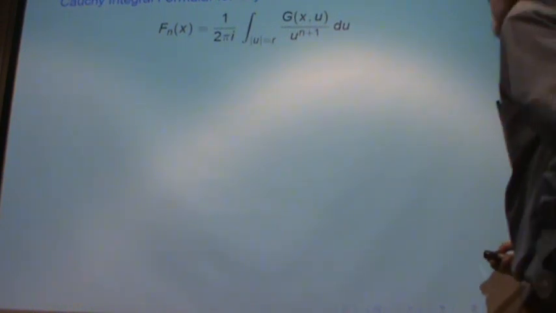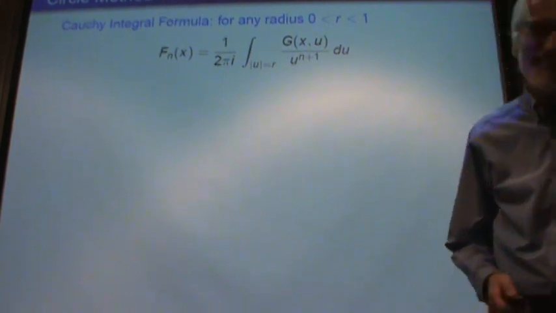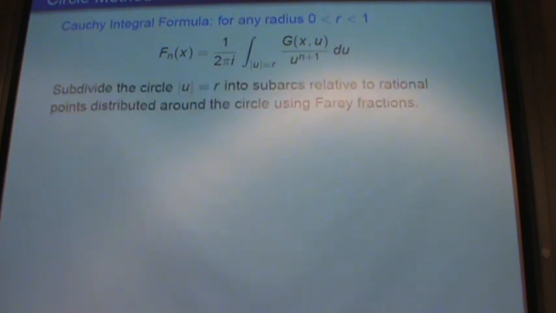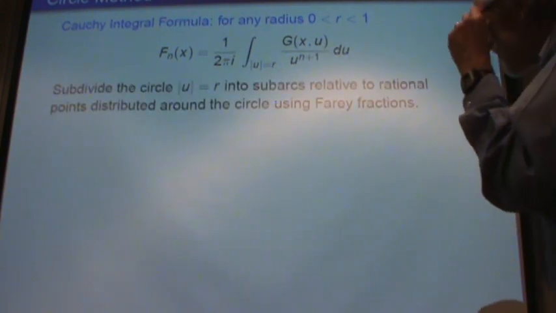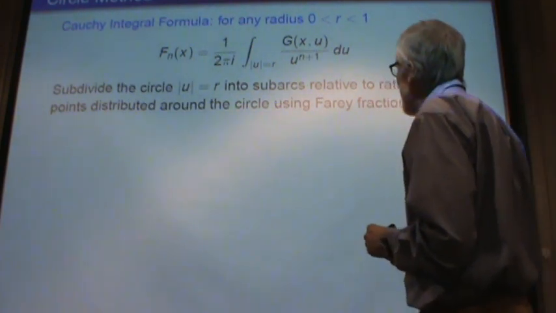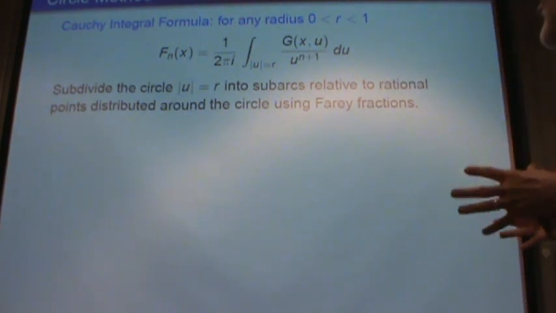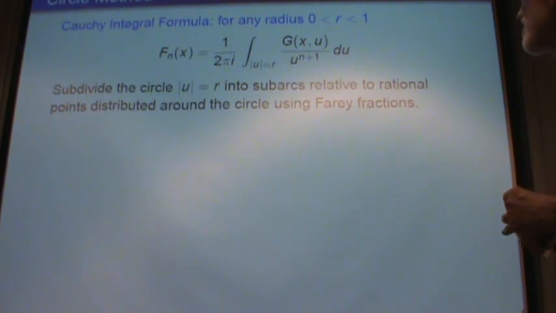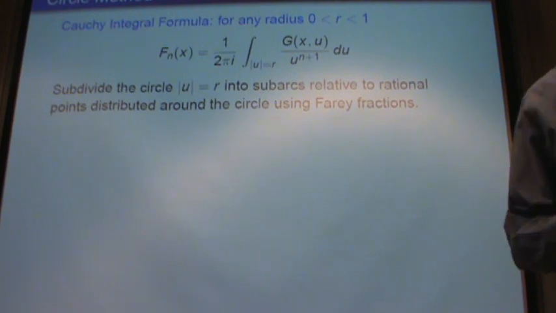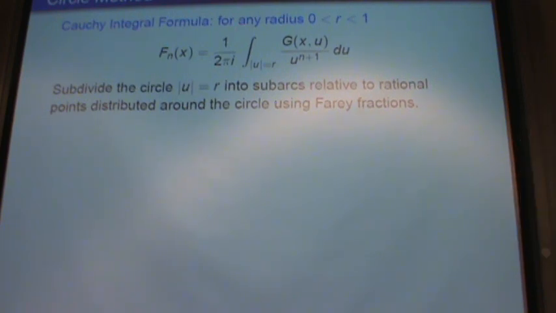Okay? So there are a lot of similarities to these generating functions with x fixed, so one has to be careful. So what one does then, as in the classical circle method, is divide the circle into subarcs relative to rational points distributed around the unit circle, and use the device of so-called Farey fractions, which are just the rational points along the circle.